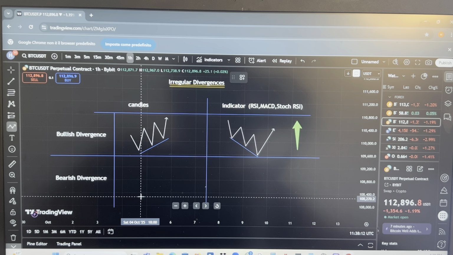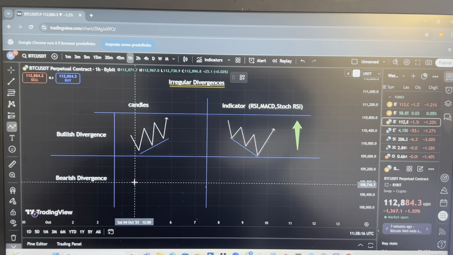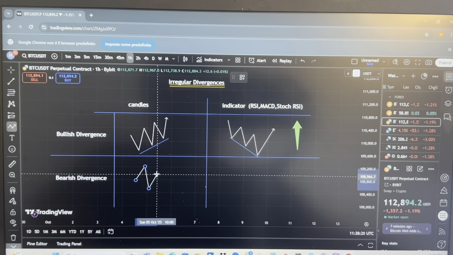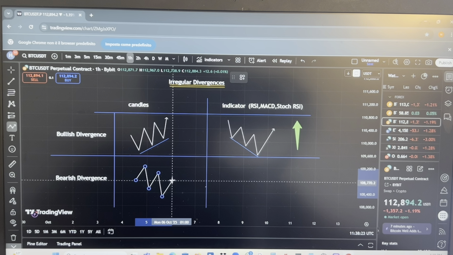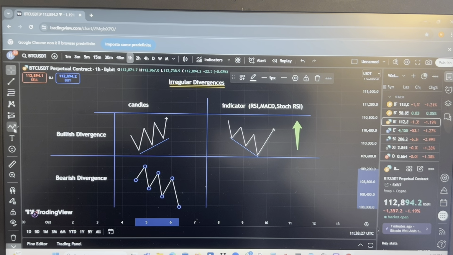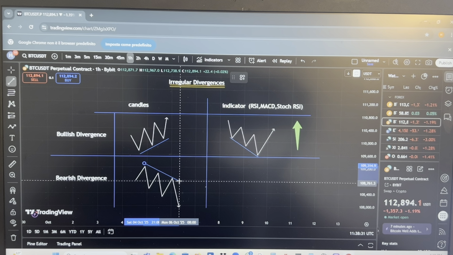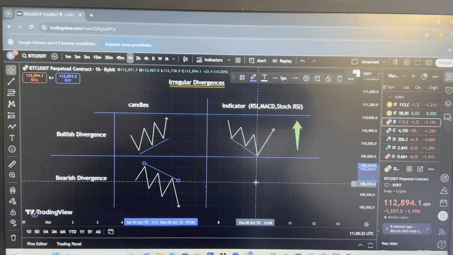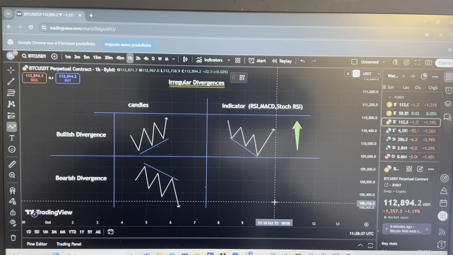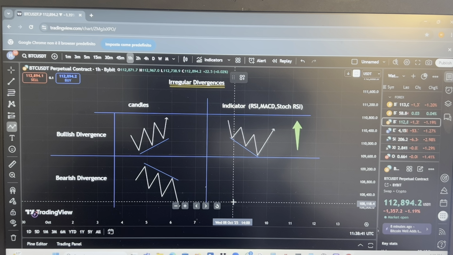And let's talk about bearish divergence. Basically, bearish divergence is when the market is making lower highs, and the indicator shows that it's making higher highs.